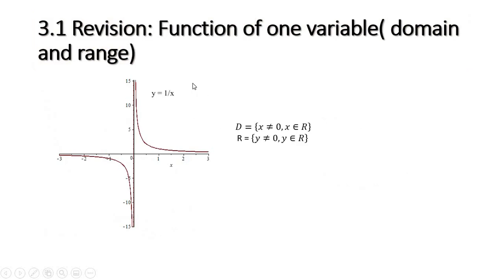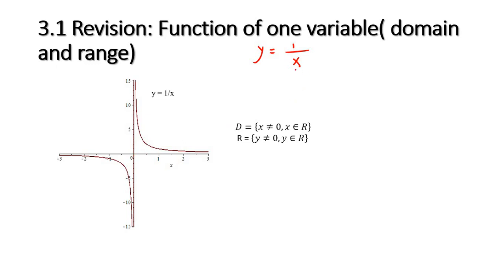Okay, if we have the function y equal to 1 over x. This is the graph of y equal to 1 over x. We said domain is the value of x, right? From the graph you can see that x cannot take 0.